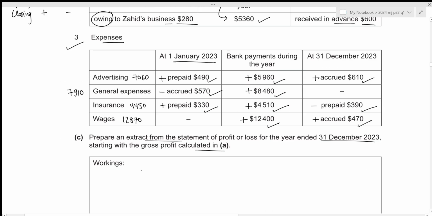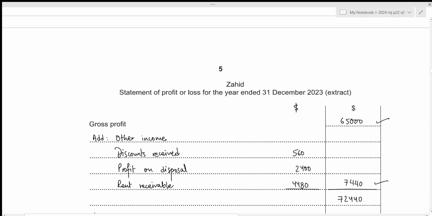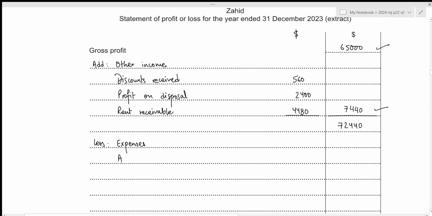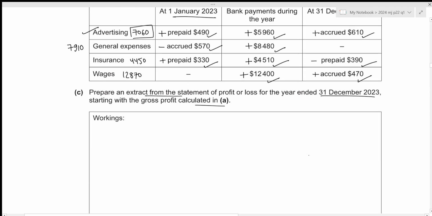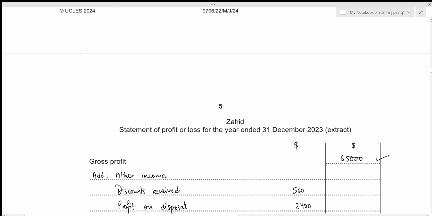So for expenses as well, we've already adjusted the accruals and prepayments and figured out the values for the year. And we need to include those values within the statement of profit or loss. For advertising, we calculated it to be 7,060. Let's write it down. Then for general expenses, we calculated it to be 7,910.